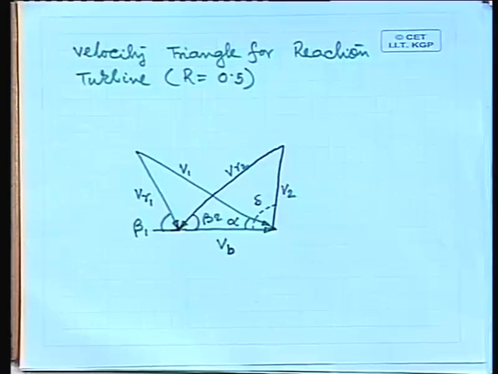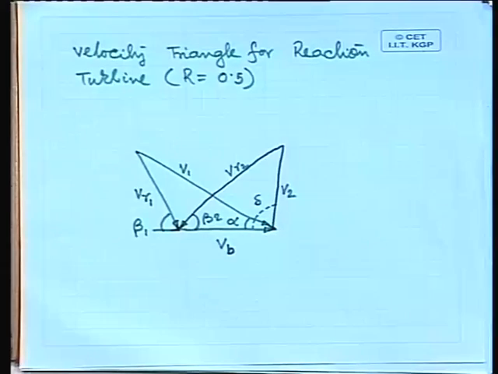Now, I am not drawing the generalized velocity diagram for a reaction turbine. I am drawing the velocity diagram for a special case when R is equal to 0.5. That means there is equal enthalpy drop in the row of fixed blade and in the row of moving blade.